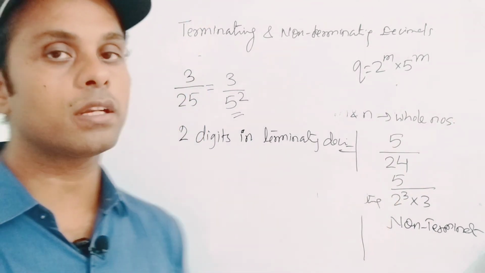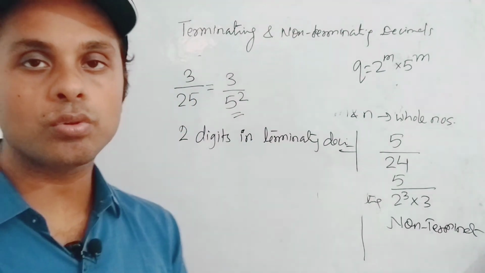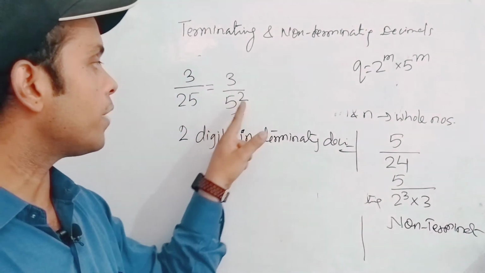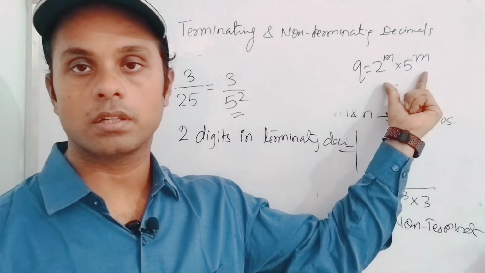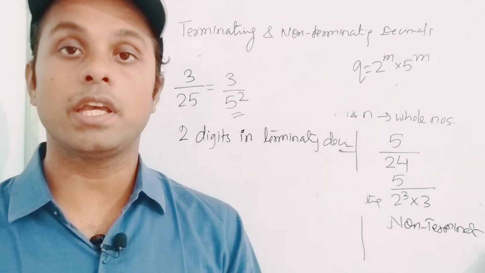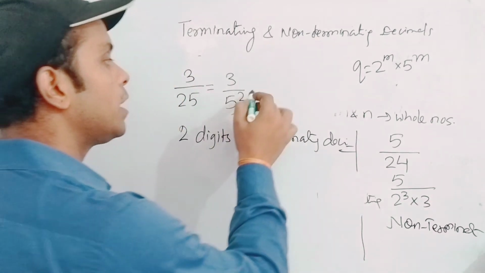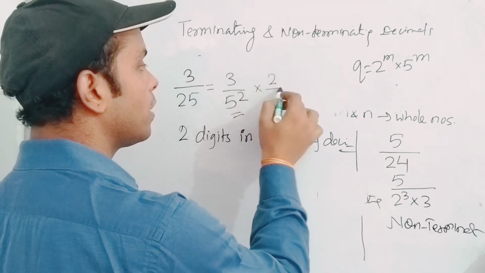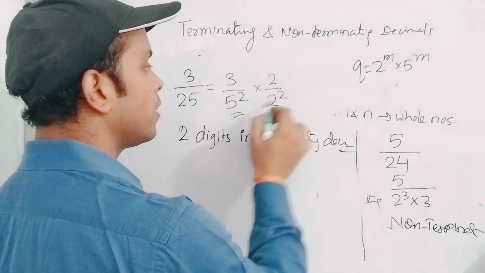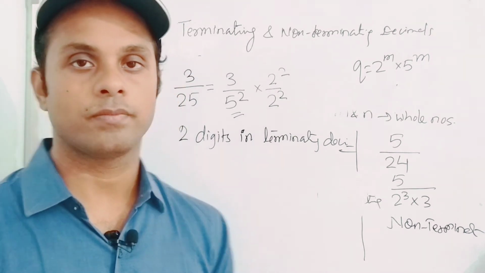So to decide the number of digits in the decimal expansion, what to do now? Here this is 5 square. Both the factors are compulsory with equal exponents, equal powers. So we can multiply the numerator and denominator by the same power of prime factor 2.